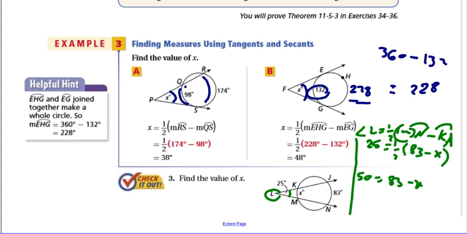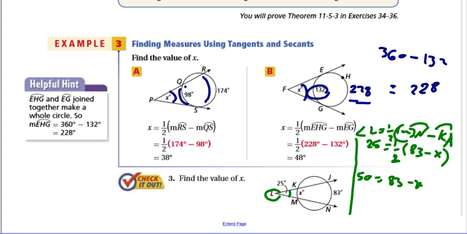Why multiply by 2? To cancel the half. Multiply by 2 on the right side and the left side. It will be 83 minus x equals 50.